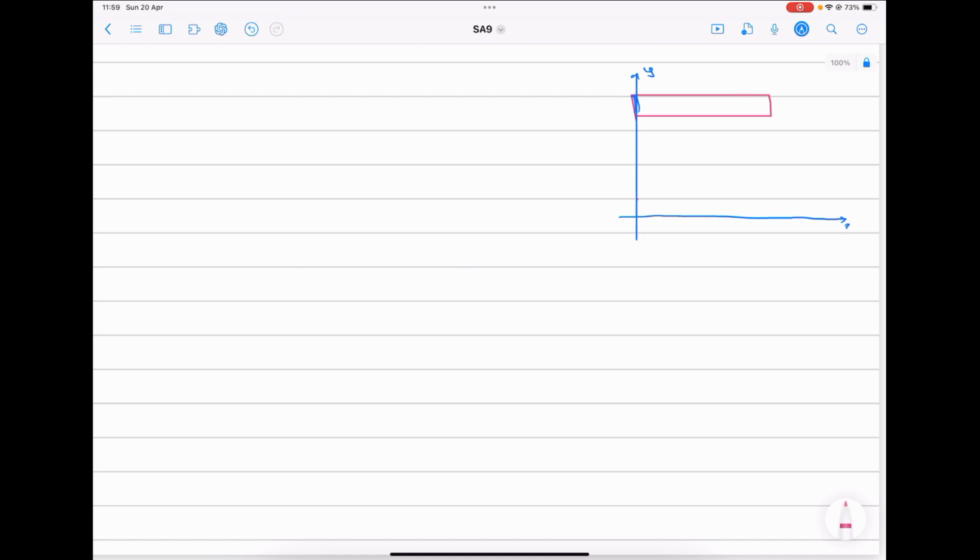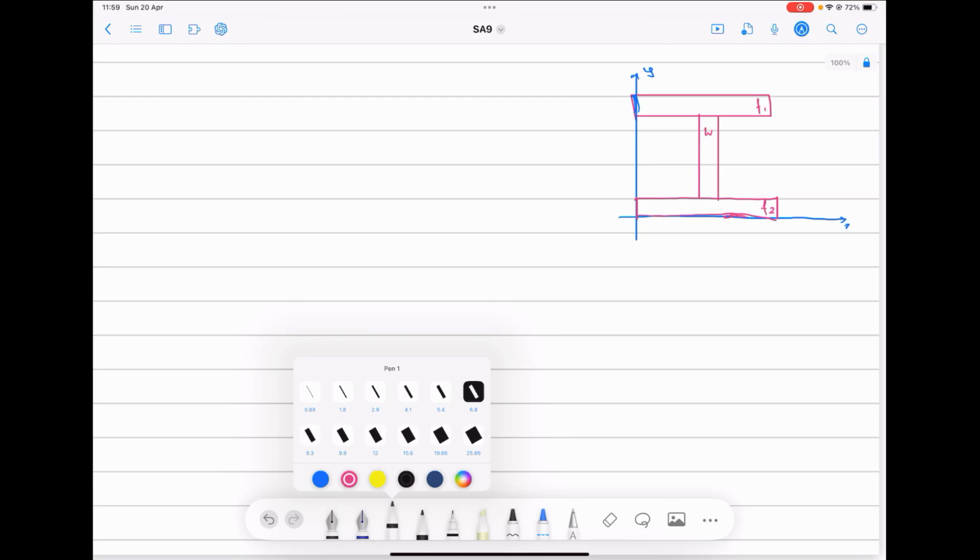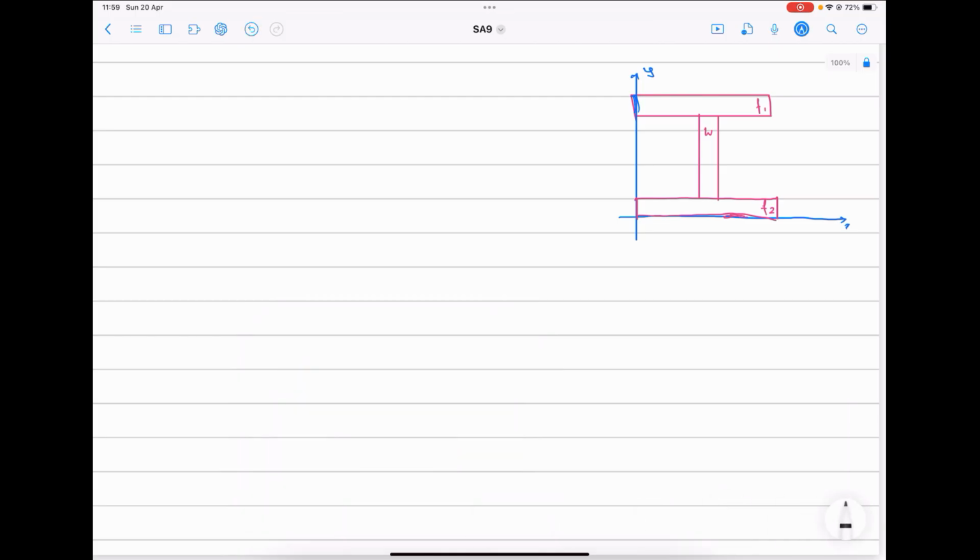And the beam's top flange and bottom flange are connected by a web. This is the web, this is the top flange, flange 1, this is flange 2, and the center of gravity is somewhere here. Because of the symmetry, the center of gravity is the geometric center of the beam.